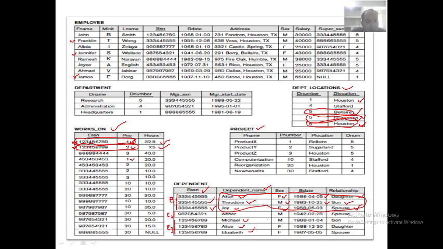If I take only this ESSN number as a primary key, see here, this person is having three dependents. So here also 333445555, 333445555, 333445555. Multiple values will be there.